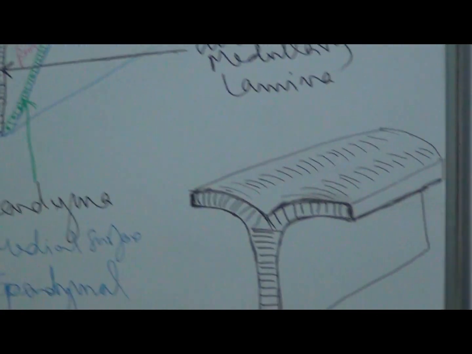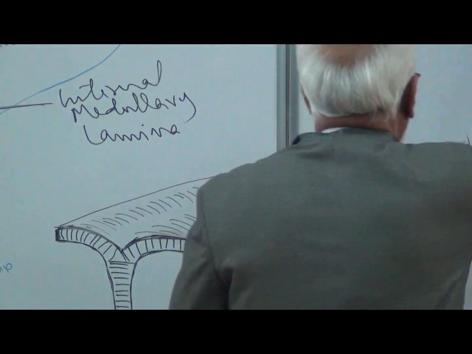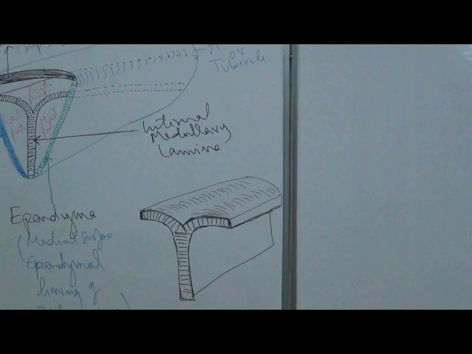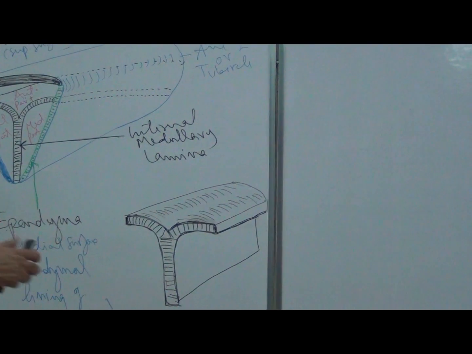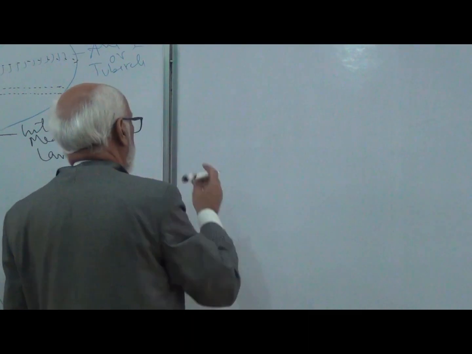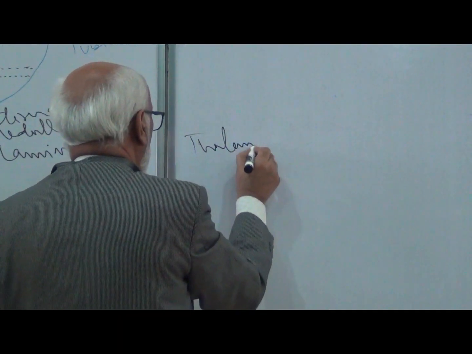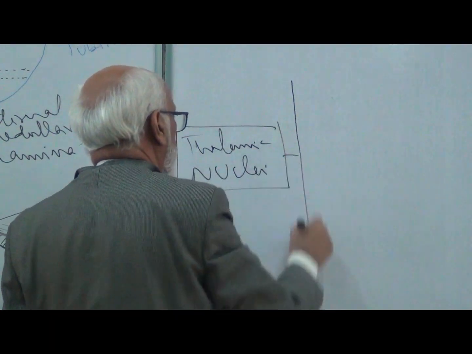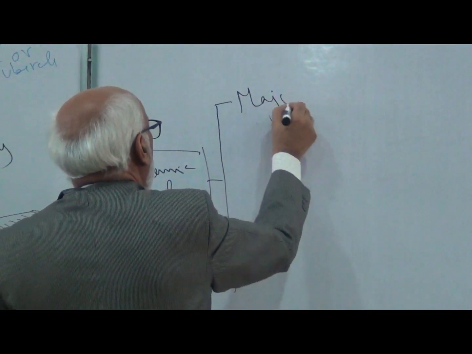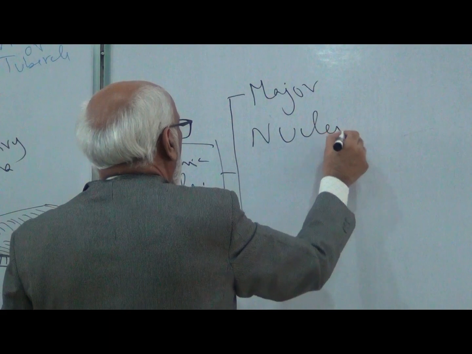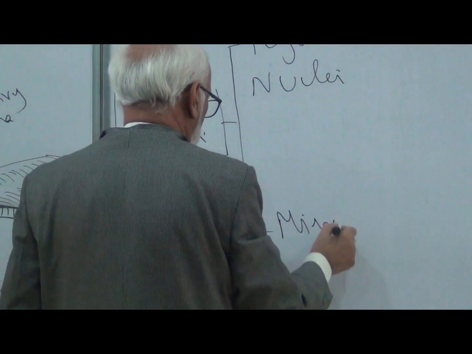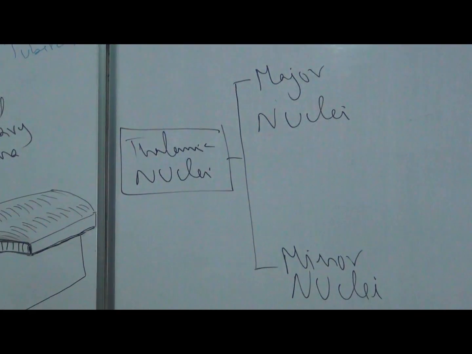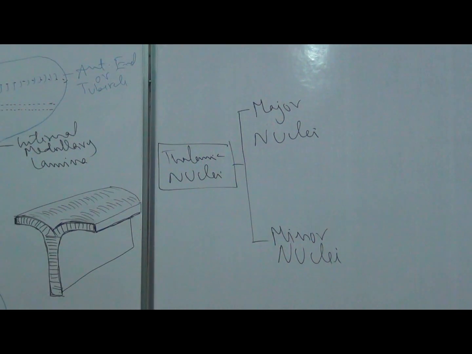Now what are the different nuclei? Inside the gray matter divided into various thalamic nuclei, we divide them into major nuclei and minor nuclei.